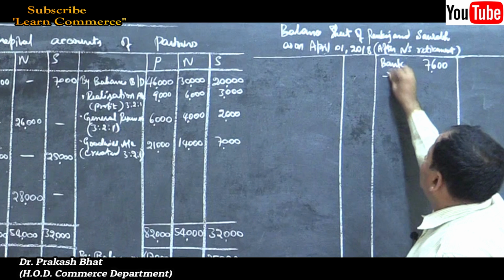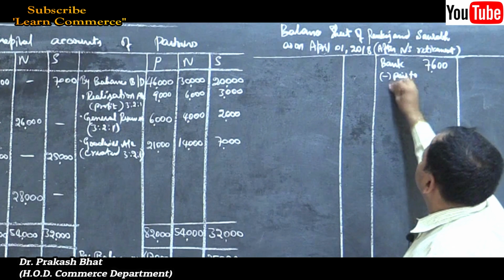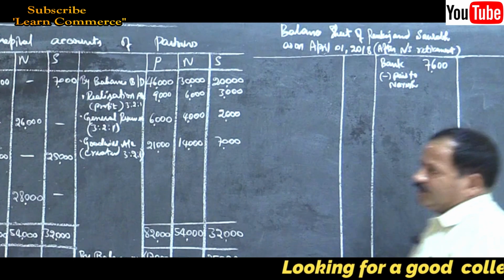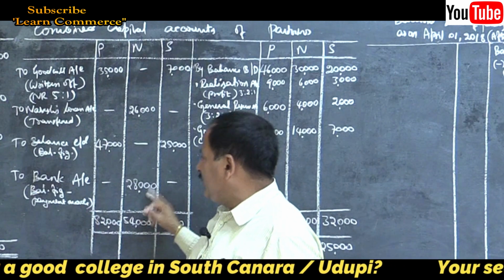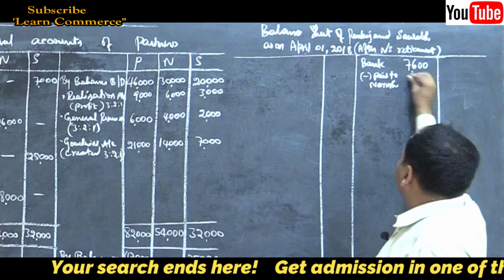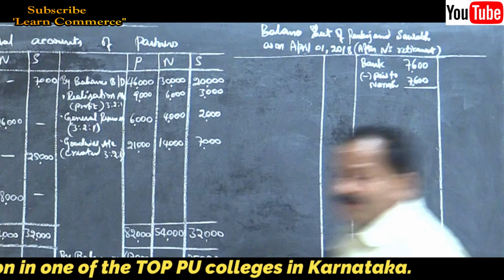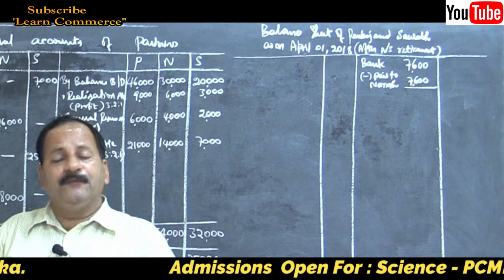7,600 minus paid to Naresh. This is what we are doing here. Out of the total amount of rupees 28,000 paid to Naresh, the total bank balance was utilized first. That is, we paid 7,600, the balance which we had in our bank account. That was utilized fully first.